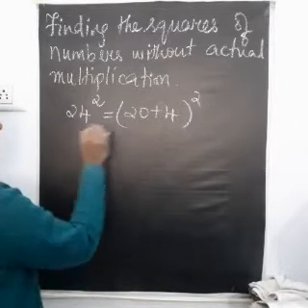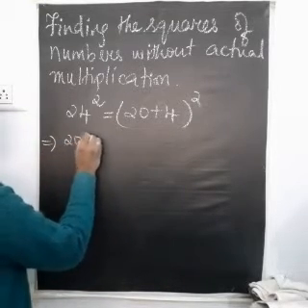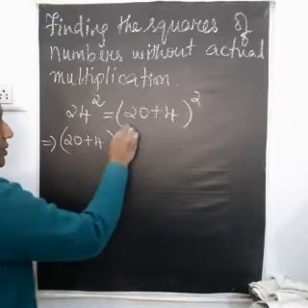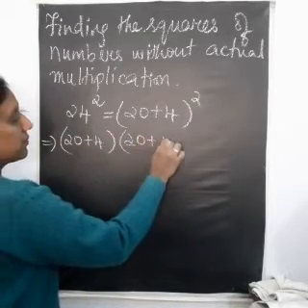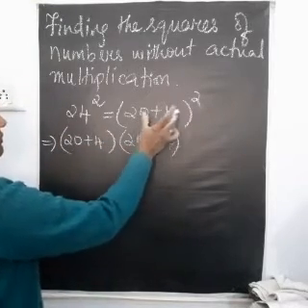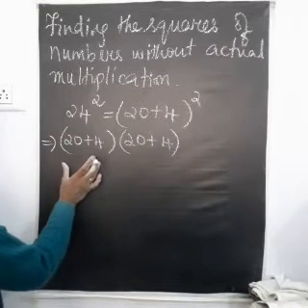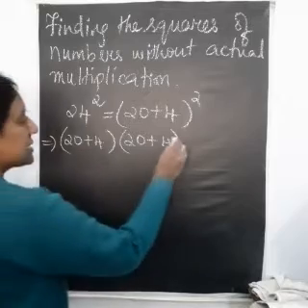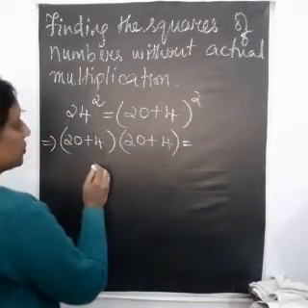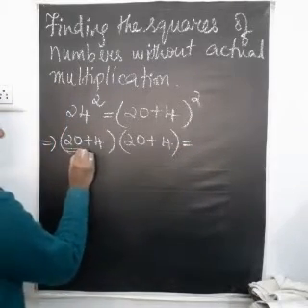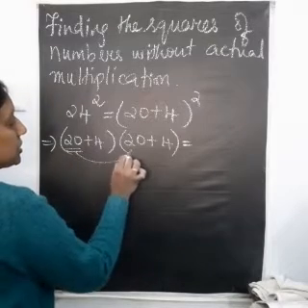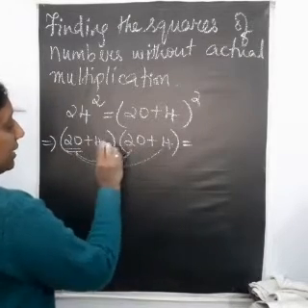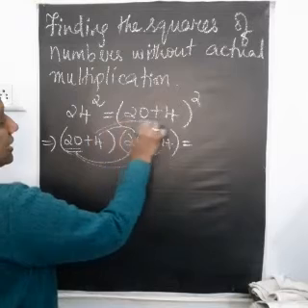So what does this imply? This implies 20 plus 4 into 20 plus 4. Correct? 20 plus 4 the whole square is going to be 20 plus 4 into 20 plus 4. So what is this equal to? I have to multiply 20 by both 20 and 4, and 4 by 20 and 4.